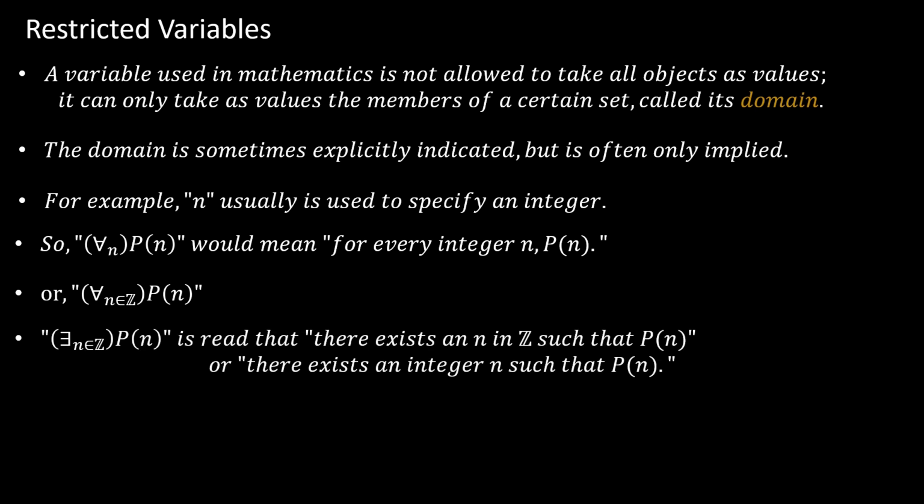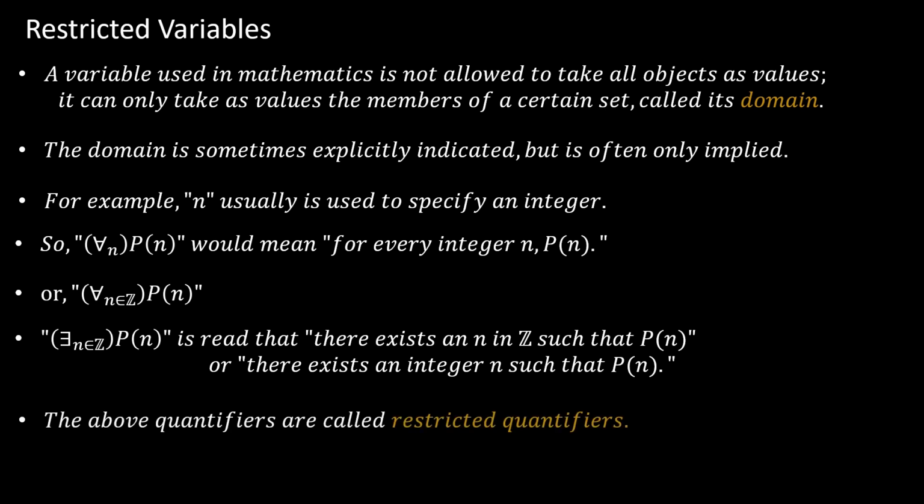We could have an expression that says there exists an n in Z, the set of integers, such that p(n), or there exists an integer n such that p(n). These quantifiers are called restricted quantifiers.